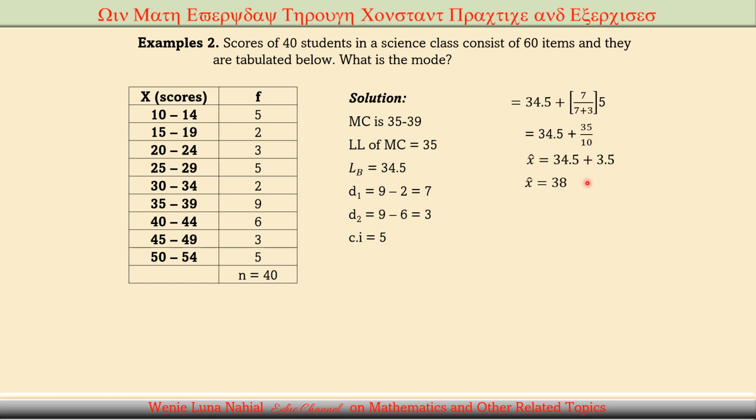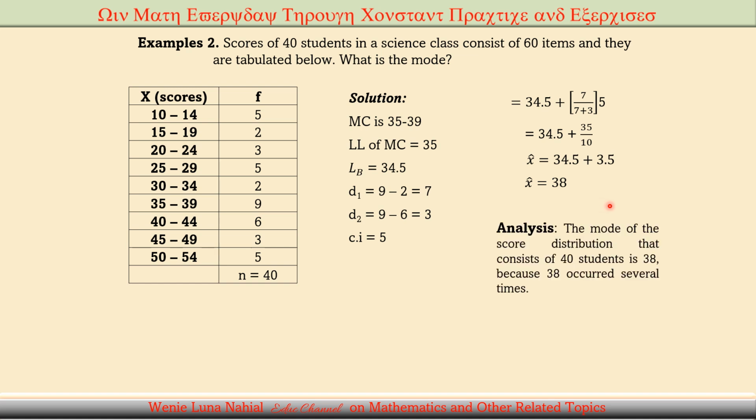So that is equal to 38. So the mode of the group data is 38. The mode of the score distribution that consists of 40 students is 38.